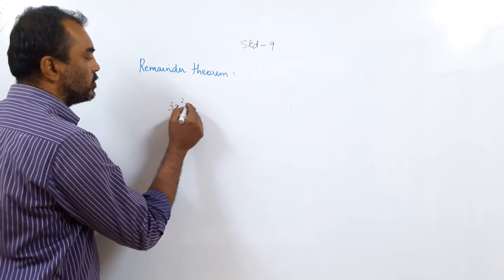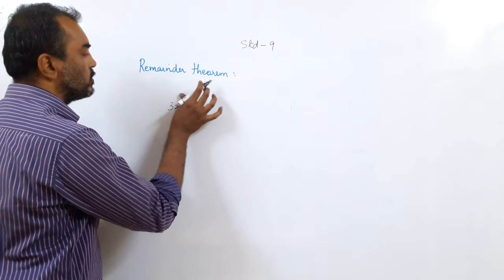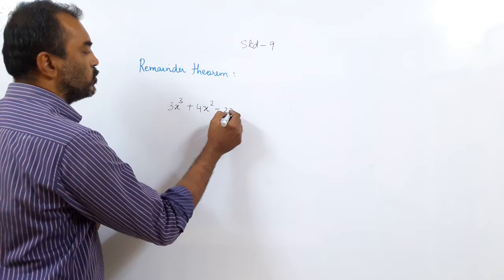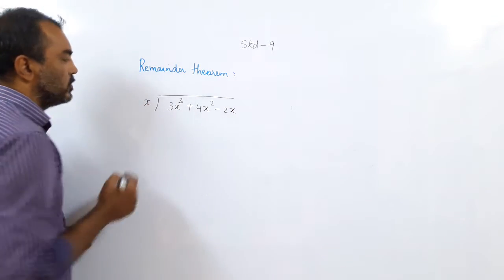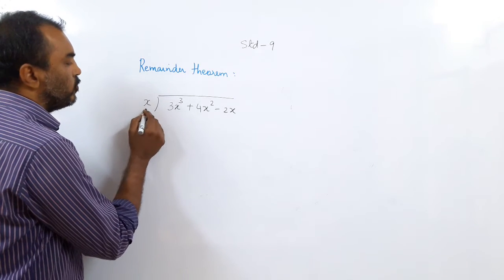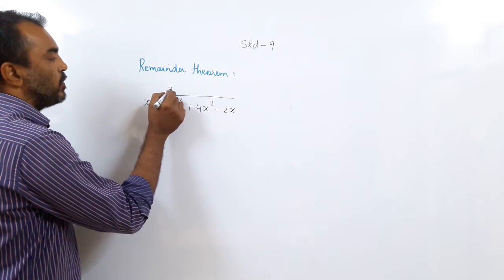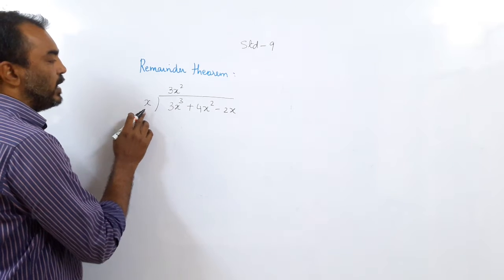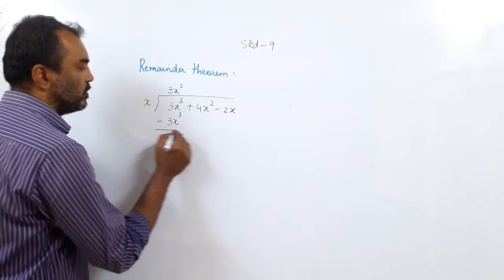It was 3x cube plus 4x square minus 2x. I am dividing this by x. Okay, I am dividing. What will you multiply x with to get 3x cube? So if I multiply by 3x square, 3x square into x will give me 3x cube, right?